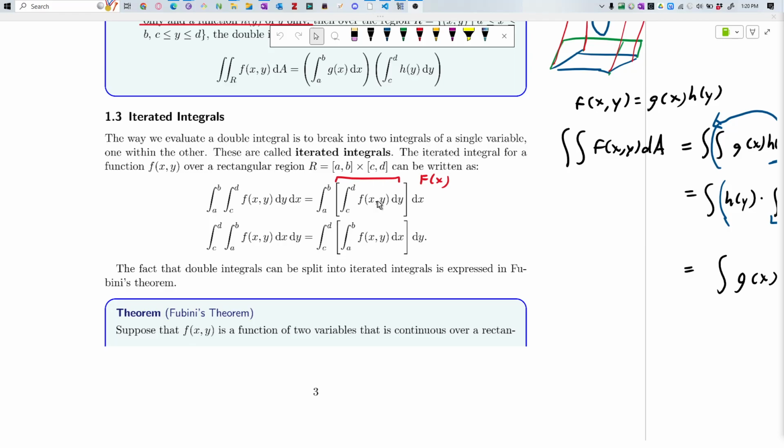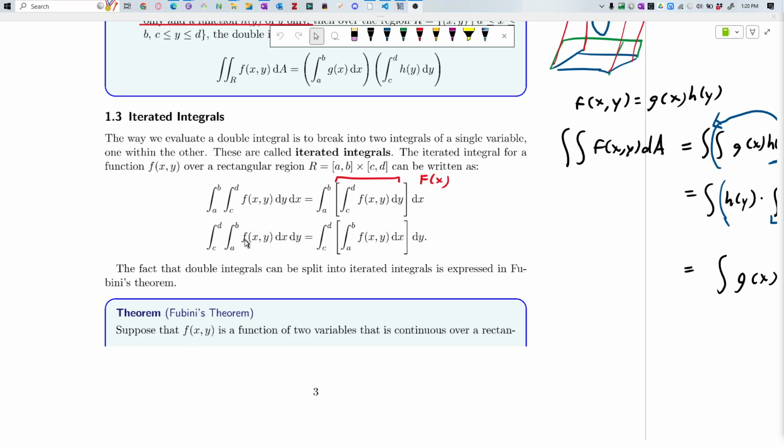So the end result will be some expression that no longer has y involved because you've already plugged in values for y. So you end up with something that only depends on x. And then the outer integral will take care of that. It will integrate with respect to x and then evaluate, plugging in x equals b and x equals a. And so then your end result is just going to be a number, corresponding to a volume.